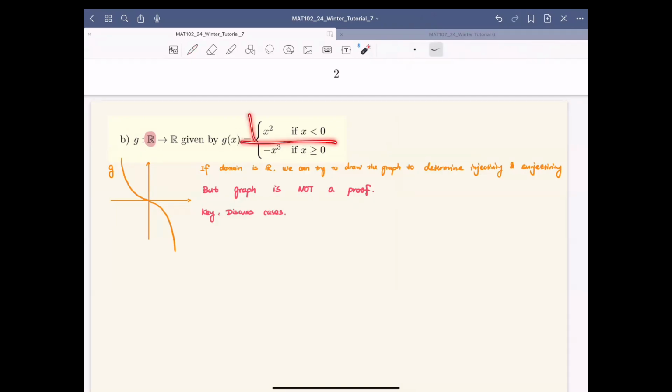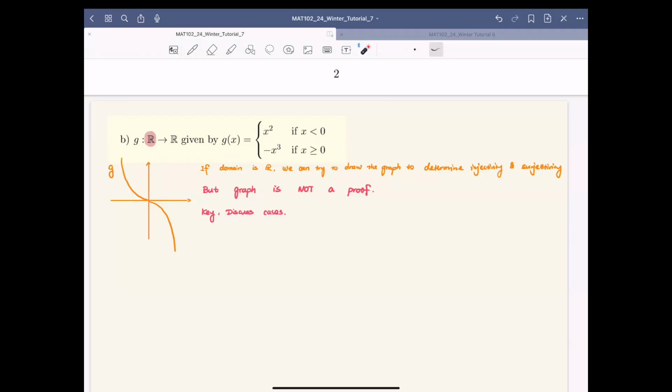You split it into parts. If you have two pieces, you split into two. If you have 3 pieces, you split into 3 pieces. But here, basically, you need to talk about your inputs, let's say A and B. You need to talk about if they are both negative, both positive, one negative, one positive, and so on. So you should have 3 cases or 4 cases in this case.